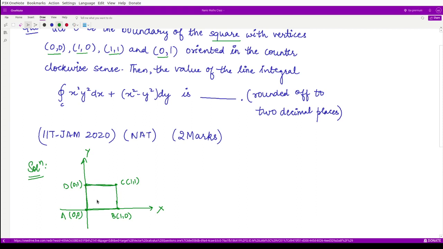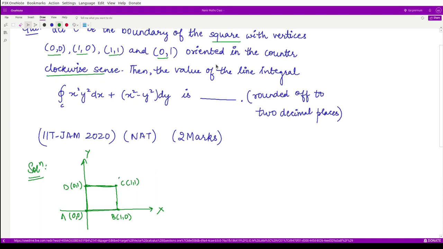Moreover, this square is oriented in the counterclockwise direction, as given in the question. What do we mean by counterclockwise? Clockwise means you are moving in the direction of the clock, and anti-clockwise means you are moving away from the direction of the clock.